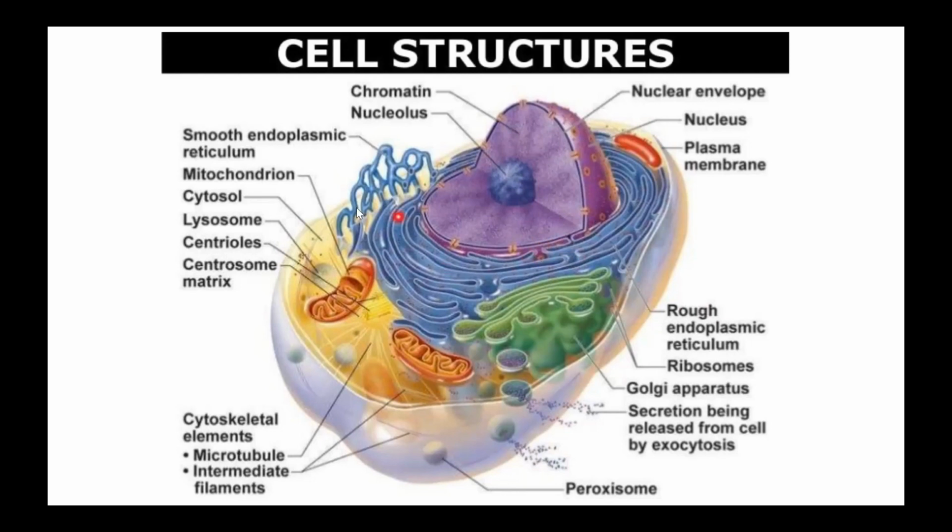I know that this is the rough endoplasmic reticulum, because it's studded with these little orange or red dots all over the outside of it. Those are ribosomes. We have some over here too. Those are free ribosomes. So free ribosomes floating in the cytoplasm or ribosomes attached to the endoplasmic reticulum.